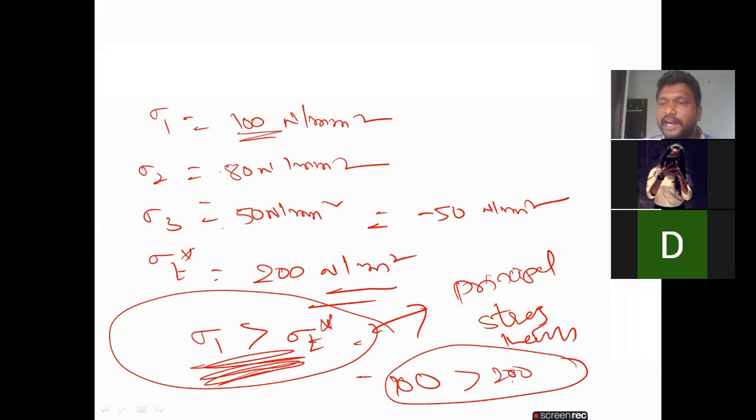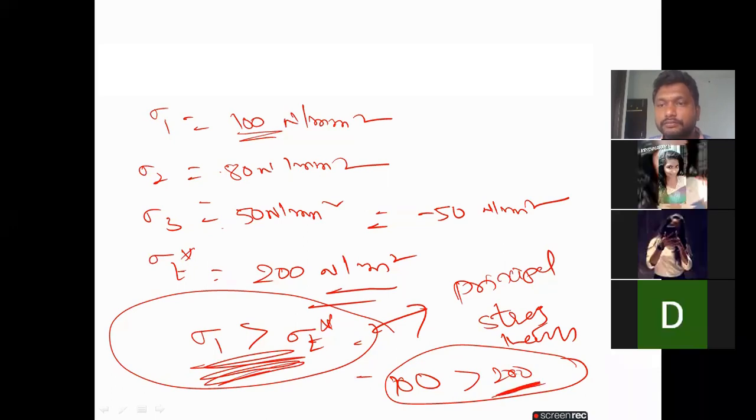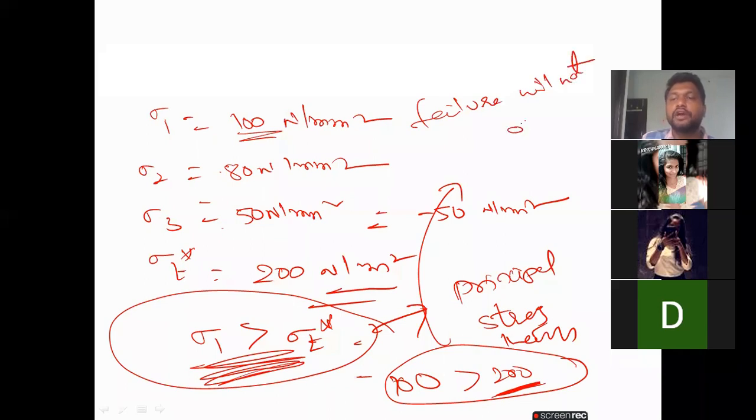Is this condition right? Anyone please respond. Is this condition right or wrong? Wrong. So that means the failure will not occur. We have to write that the failure will not occur.